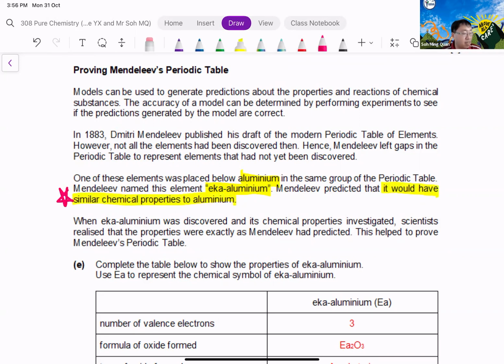Actually, it came down to this sentence, right? The moment you realize that Ecca aluminium, whatever this is, it must be similar to aluminium. Then you must think, okay, aluminium is from group 3. What do I know about aluminium? Aluminium, 3 valence electrons.